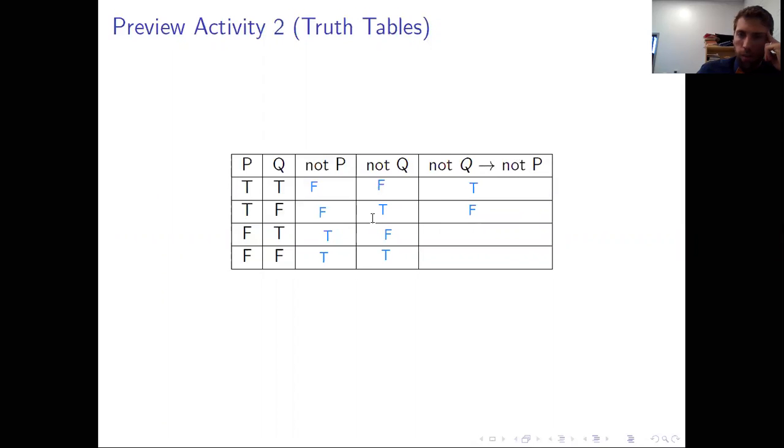Then if not P is false, this is vacuously true again. And then if you have true, true, then you have true. So that is preview activity 2.